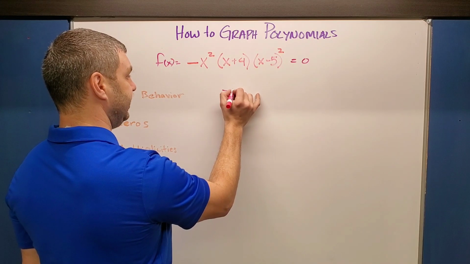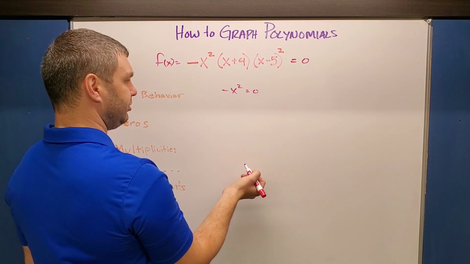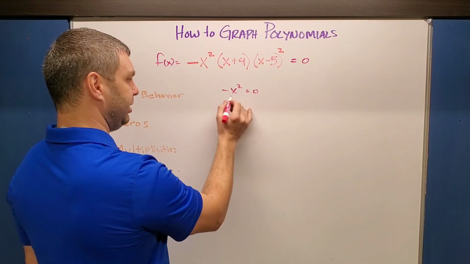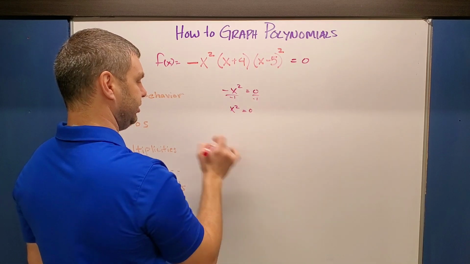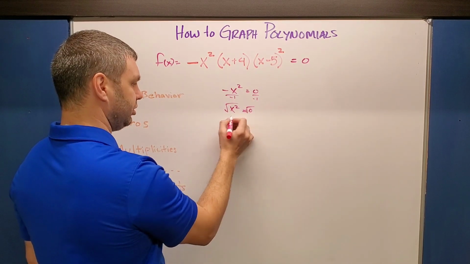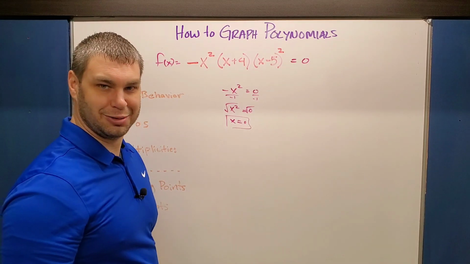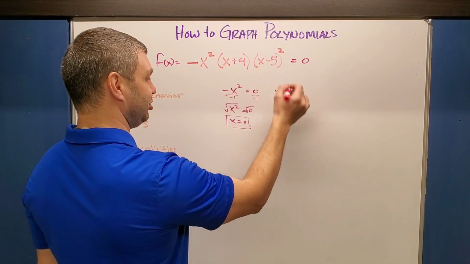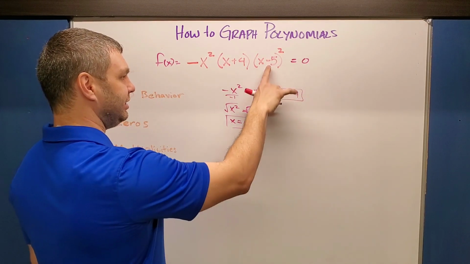Let's try it. If I say negative x squared equals 0, to solve for x I could divide by -1. 0 divided by -1 is not going to change that, so it's just x squared equals 0 still, and then take the square root, and we just get 0. So one of my zeros is 0. For the others, if I subtract 4 over, that gives me x equals -4. And then this one, x minus 5 squared equals 0.